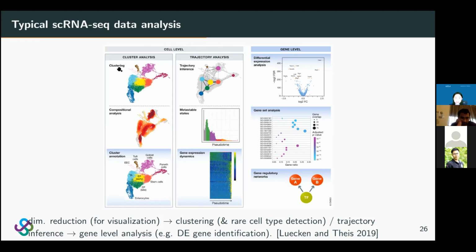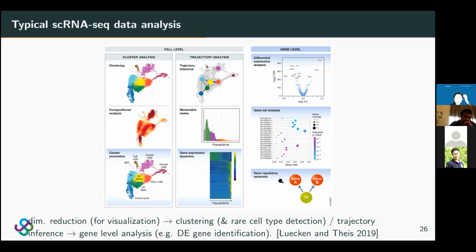And based on the clusters and the trajectories, we can also perform some analysis like cluster annotation, and also we can look at the gene expression dynamics. That's something we just saw, pseudotime. On the gene level, we can look at which genes are differentially expressed between 2 clusters, and we can perform gene set enrichment analysis and GO-term analysis, and we can also look at gene regulatory networks.